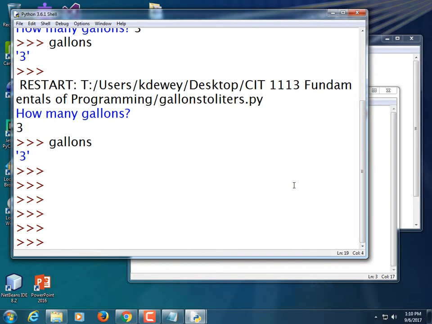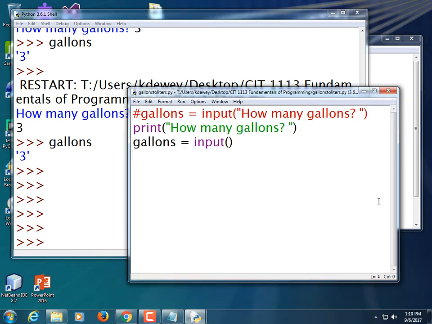It did the exact same thing. So which way do you like better? You like the part that's commented out or the part that's not commented out? The commented out part. Probably the commented out. It's more precise. But, you know, whichever way you like.